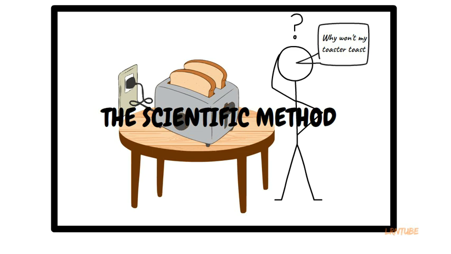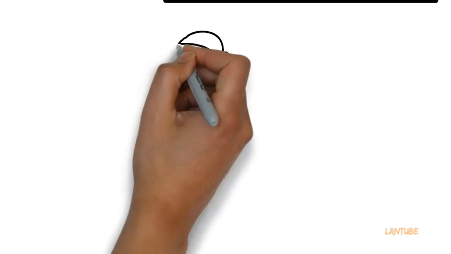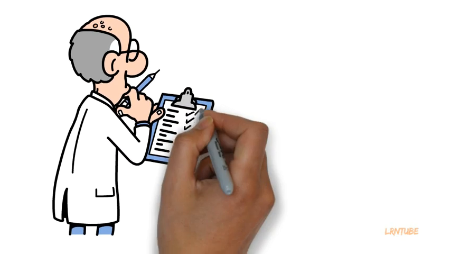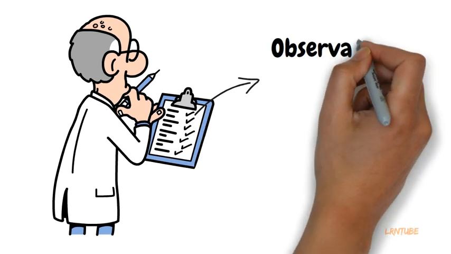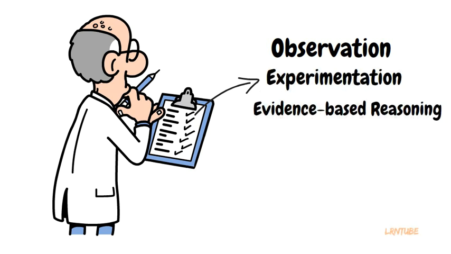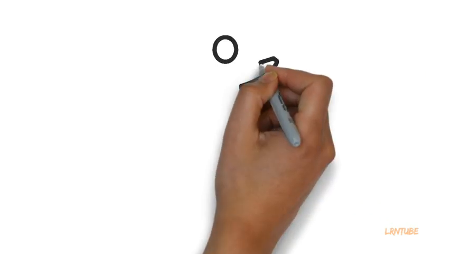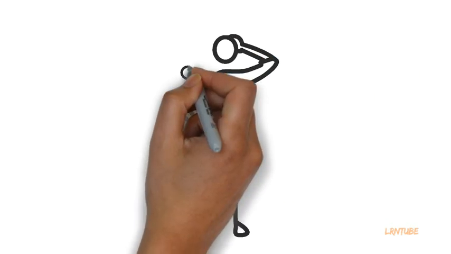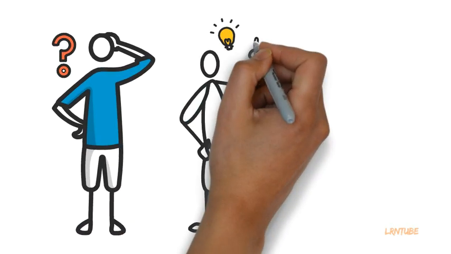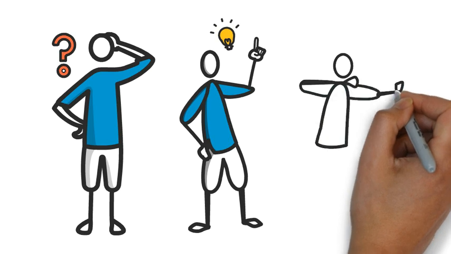So, what is the scientific method and why is it important? The scientific method is a scientific way of learning about the world through observation, experimentation, and evidence based reasoning. It provides a logical framework that scientists use to ask questions, develop explanations, and test ideas.